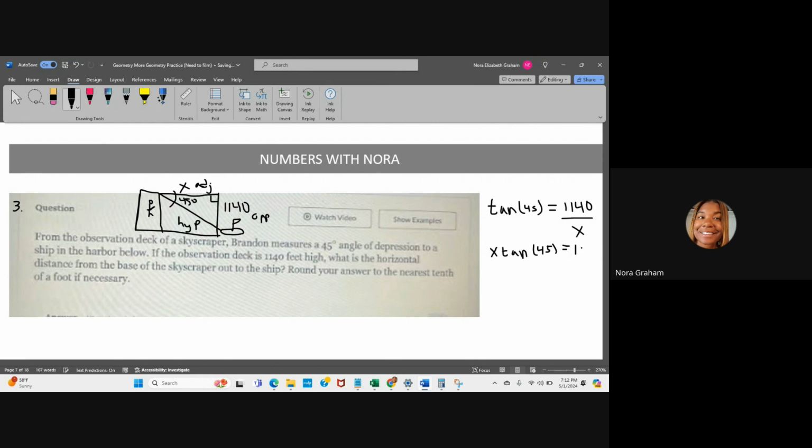Now, again, I want to isolate that x, so I divide both sides by tan of 45, because when I do that, the tan of 45 will cancel out on this side and leave my variable all by itself, which I want.